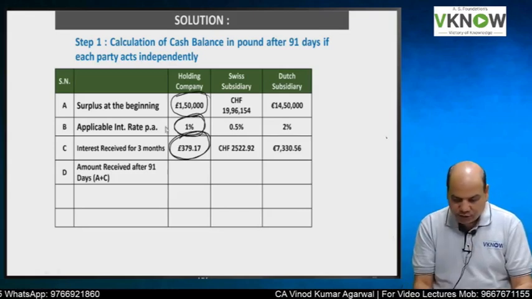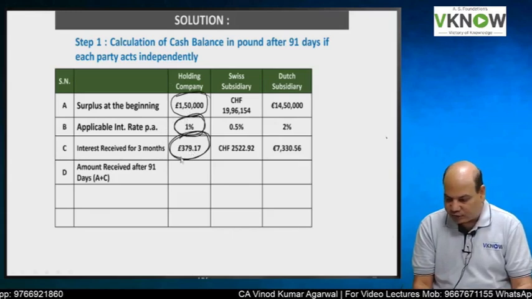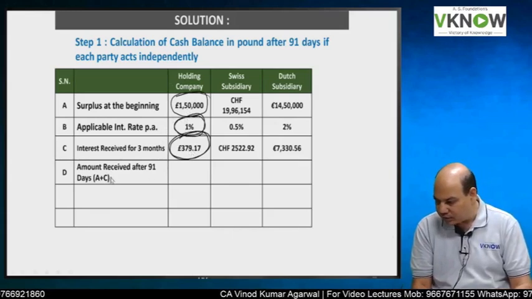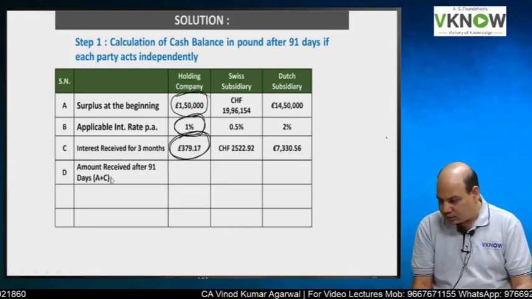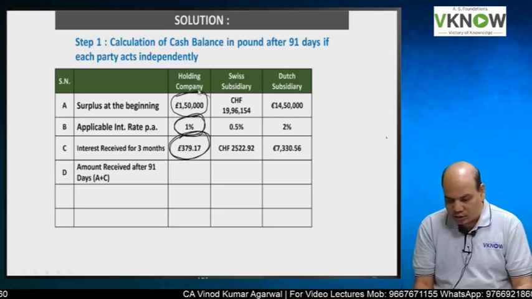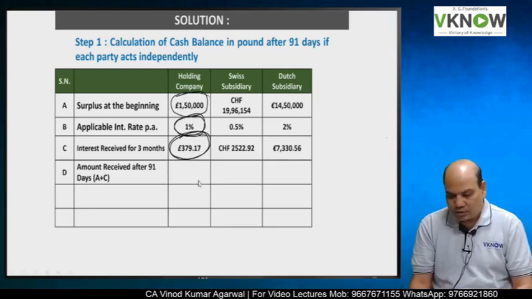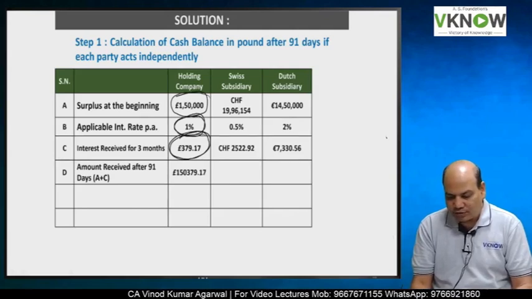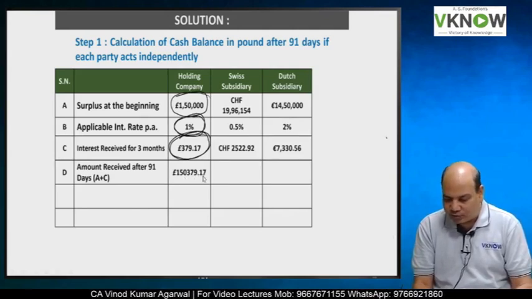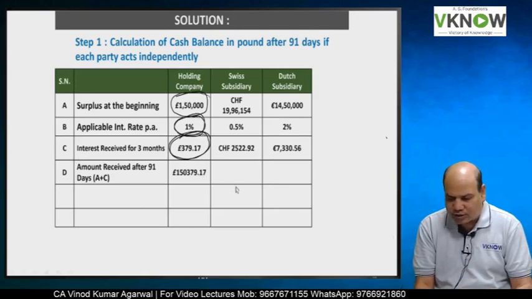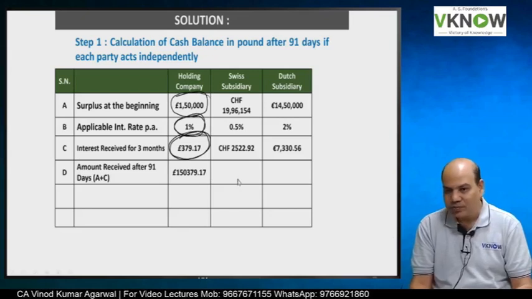You will add the principal A plus interest point C. Write in bracket A plus C. Sidana is right. Come on, Sidana. Holding company maturity value of deposit, A plus D without calculator. 150,379.17. This you can do without calculator. Now try the next one. Dutch subsidiary, Swiss subsidiary first.